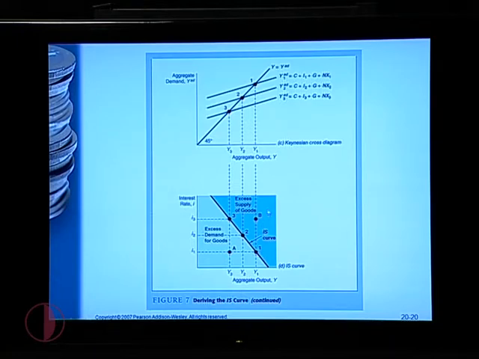But mark you, this is the excess supply of goods region, while this is the excess demand for goods region, at point A and point B. So when you trace point A down to this, we see that at a lower level of interest rate, Y1 level of output is attained.